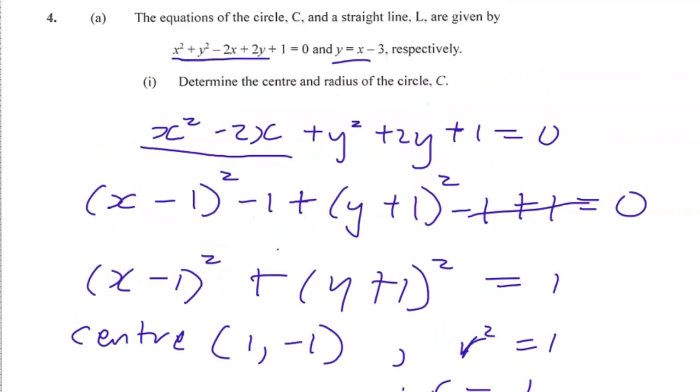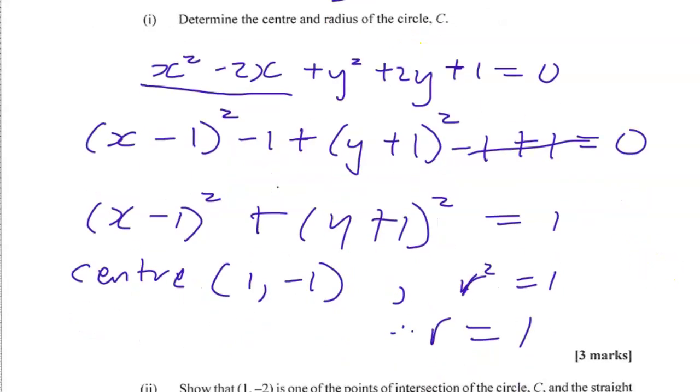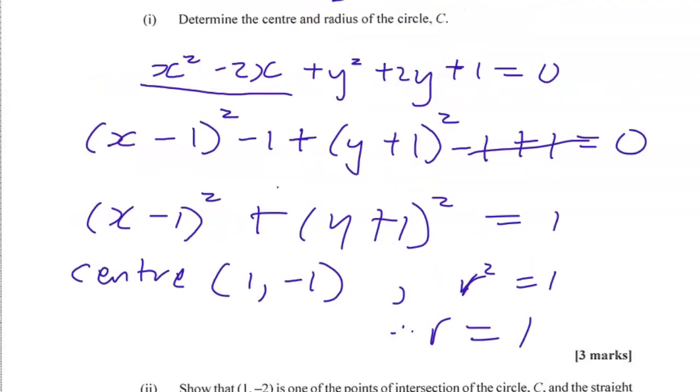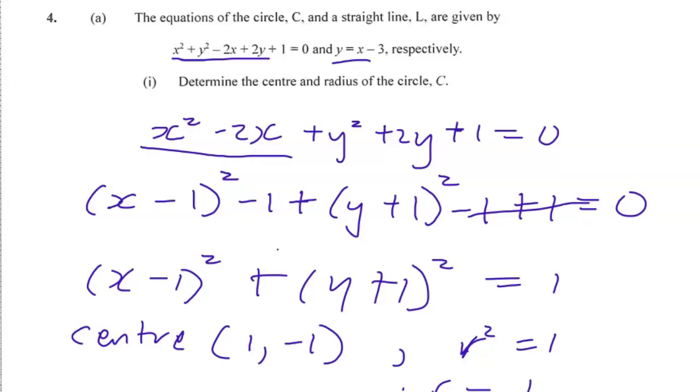Remember that this straight line is y equals x minus 3. So show that 1, negative 2 is one of the points of intersection of the circle and the straight line. Let's rewrite the straight line again. The straight line was y equals x minus 3.